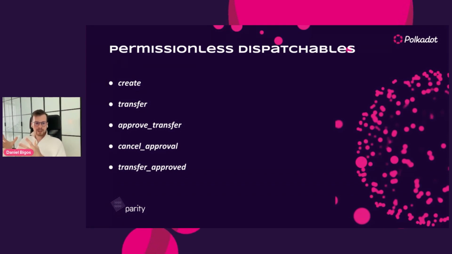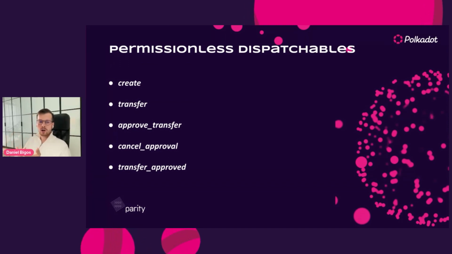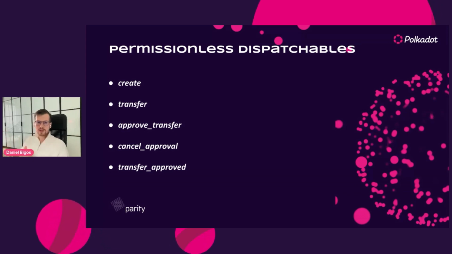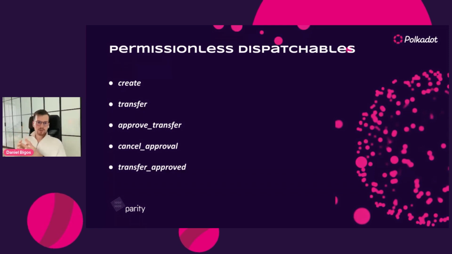So what I ask Hector is to pay for my bills. What I need to do is first say that I trust Hector. I want Hector to manage my money. And this is the goal of the approve transfer function. And once I enable Hector to manage my money, Hector can transfer my money with the transfer approved function.